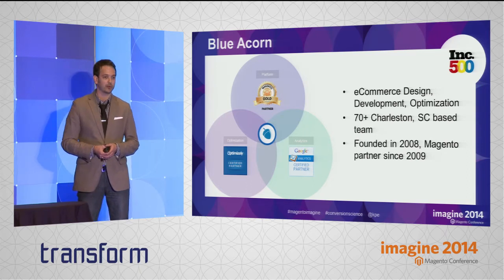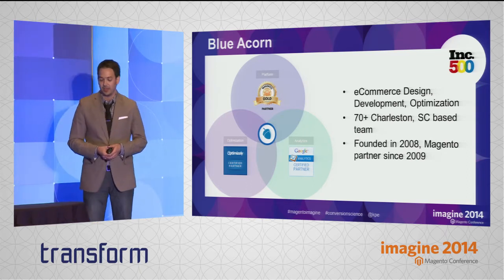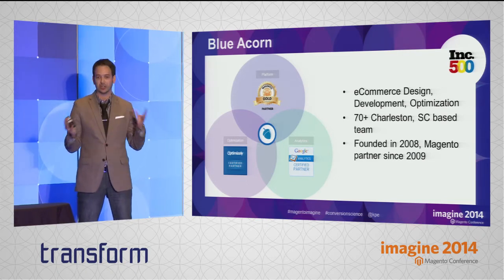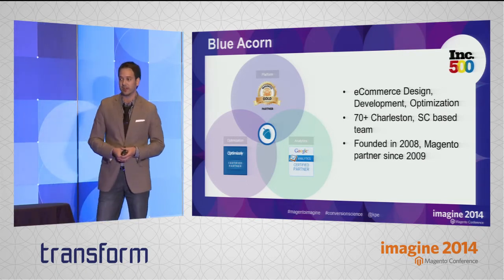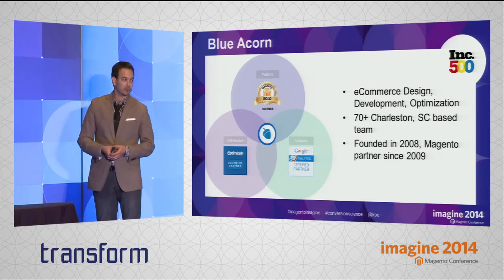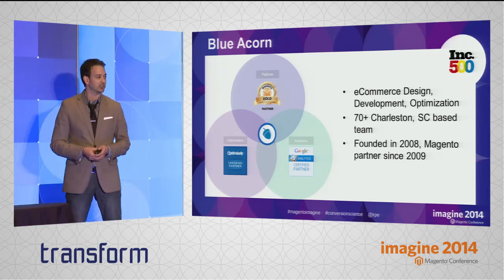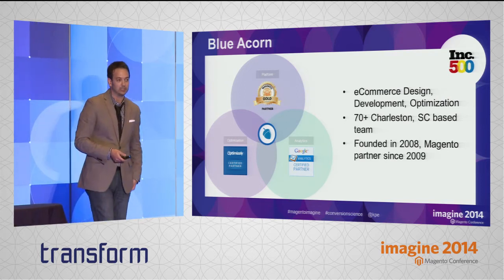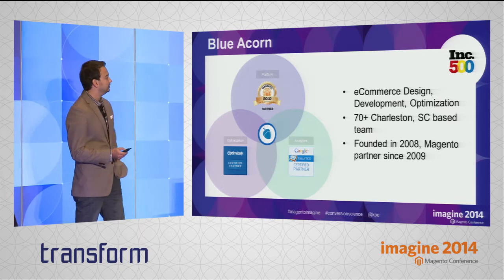We are also a partner with Google Analytics, as well as an Optimizely certified partner. Essentially, we use this collection of tools to drive results for our clients using data-driven solutions. We provide design, development, and optimization services with a 70-person plus in-house team, all in Charleston, South Carolina.